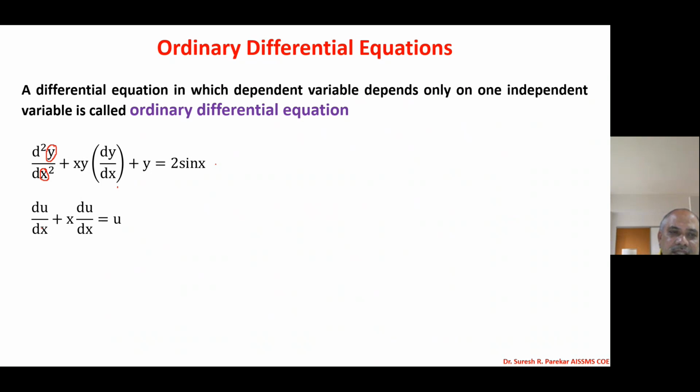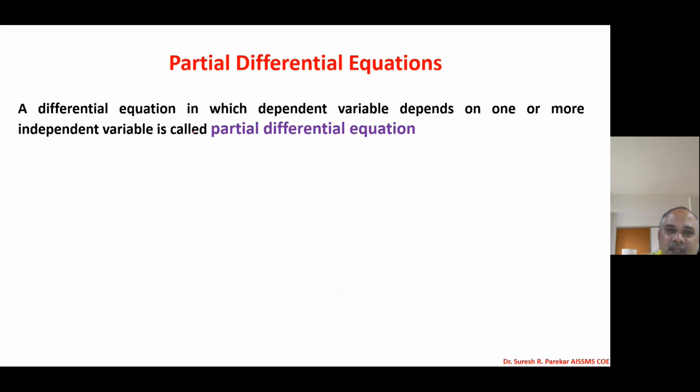We can have another also, du by dx plus x into du by dx equal to u. Again, the independent variable is one, that is x. So whenever we have one independent variable, then that equation is known as an ordinary differential equation.